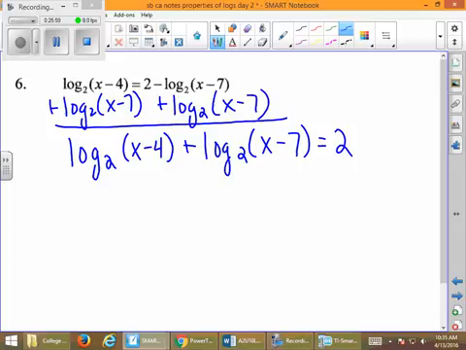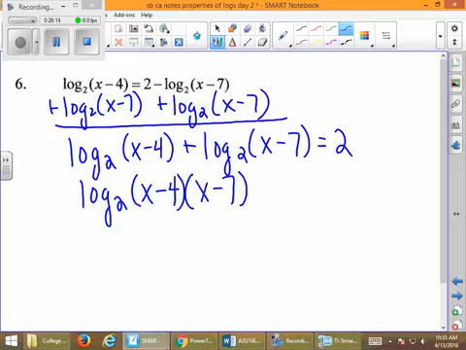Well, we've got the same base, so that's good. So what does plus tell us to do? We're going to multiply. So this is going to be log base 2 of x minus 4 times x minus 7 is 2.